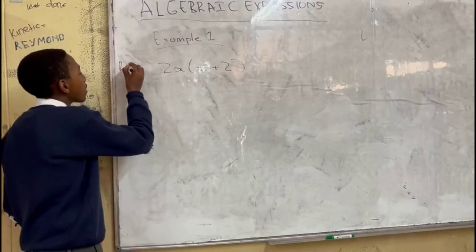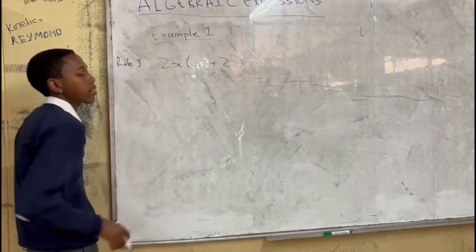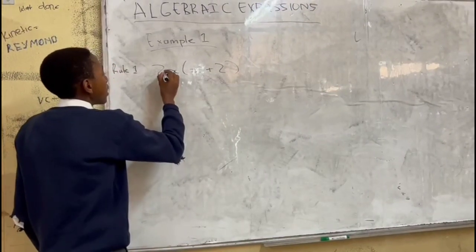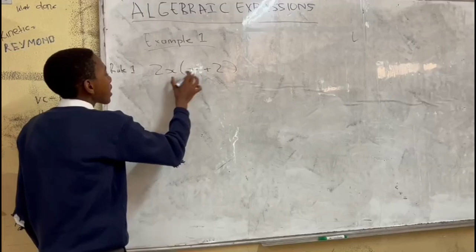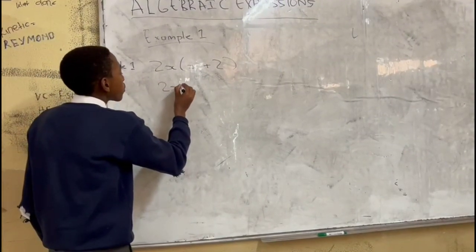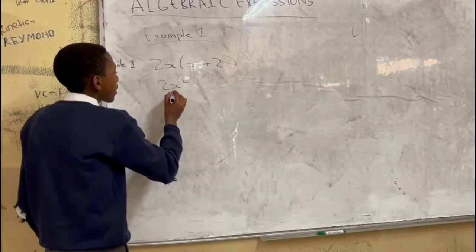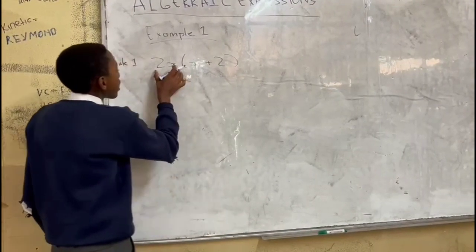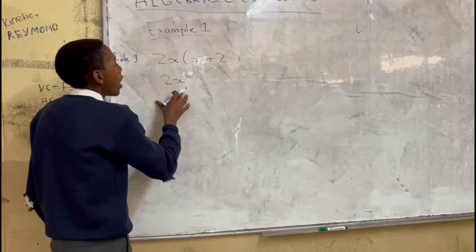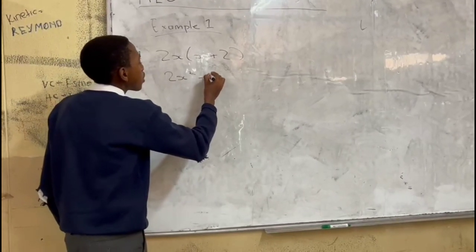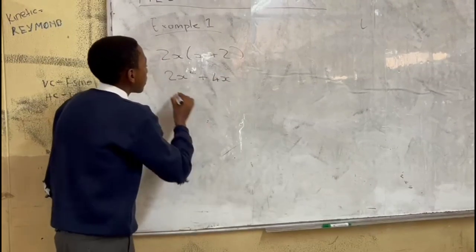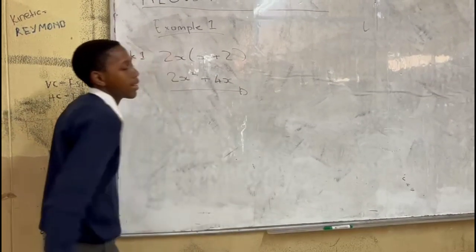Rule number 1, do you still remember? We're going to simplify it. It's going to be 2x times x, meaning that it's going to be 2x to the power 2. Understand? Then we're going to say 2x times positive 2, meaning that our answer is going to be positive 4x. And that's our answer. Voila.